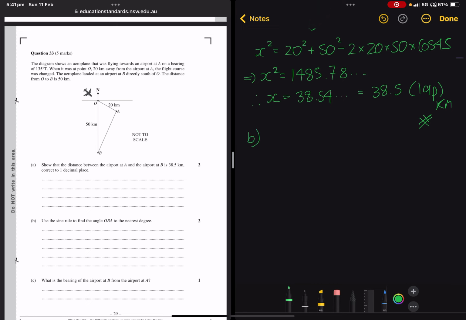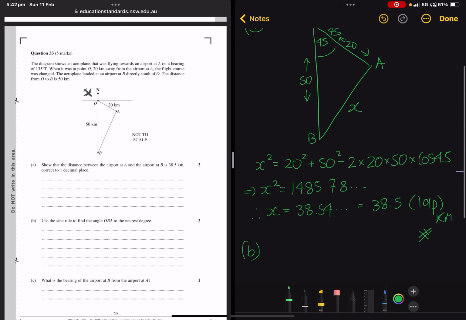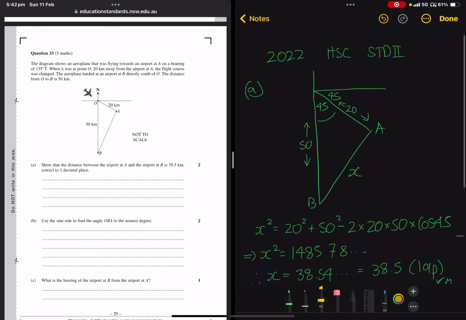Now in part B, it says use the sine rule to find angle OBA. So this is the angle formed when we start at O, move to B, and then move to A. So we've got to use sine rule to find this angle down here, which we'll call theta. We haven't been told what it is. So this x value here we've now found is about 38.5.